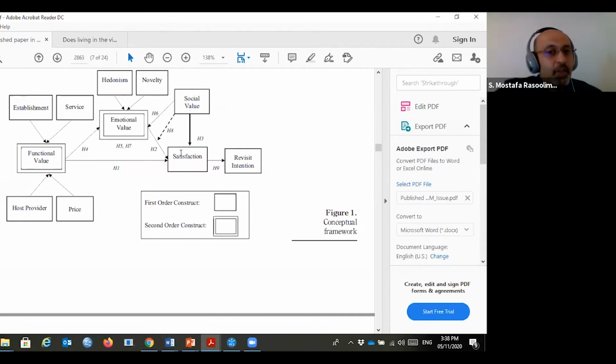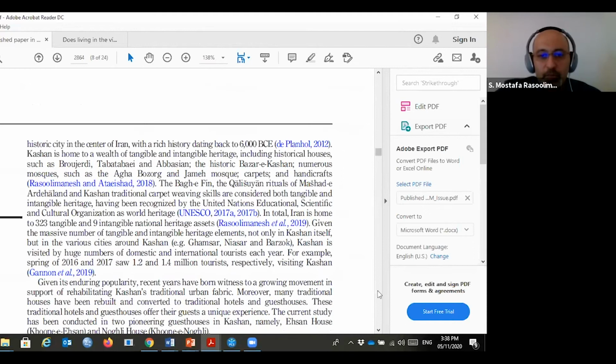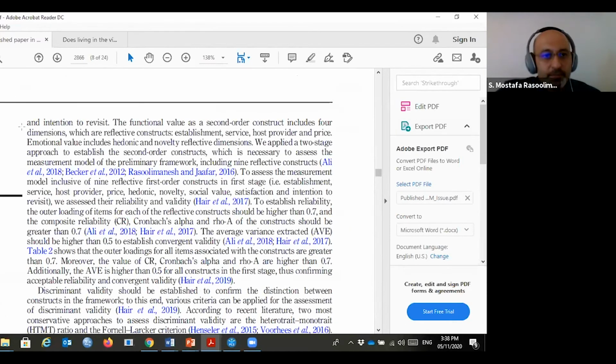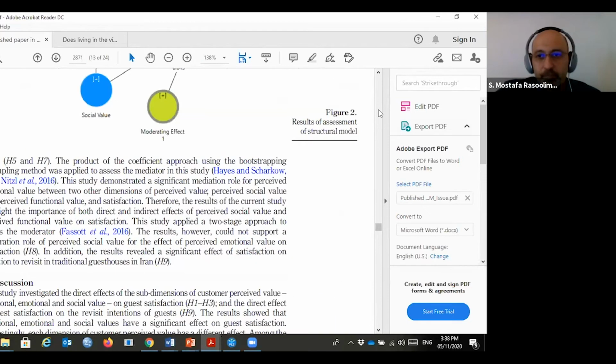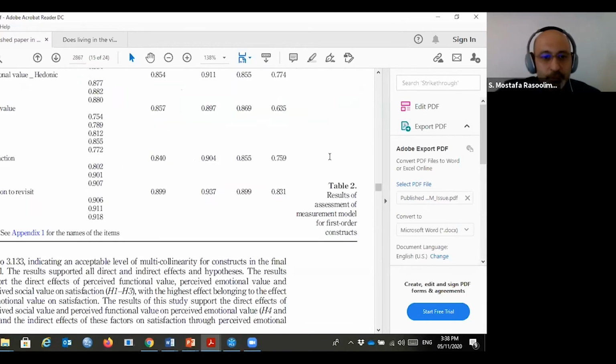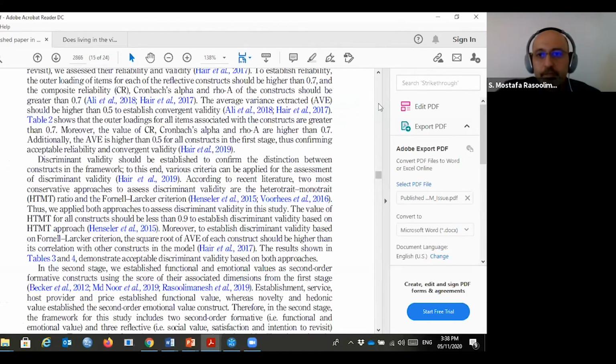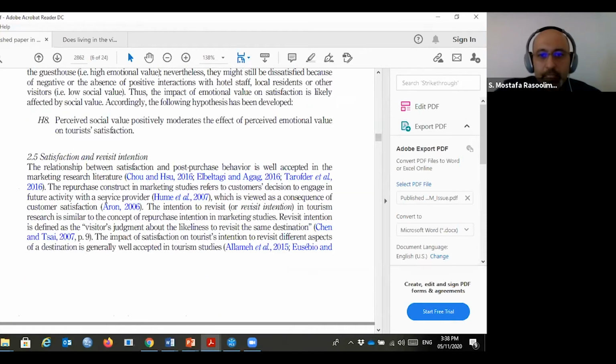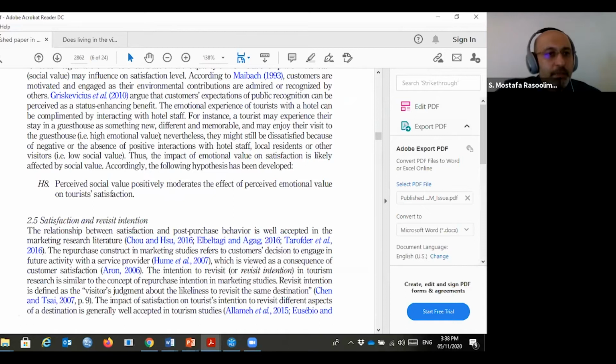It is an independent variable that directly affects satisfaction, and also a moderating variable for the effect of emotional value on satisfaction. So here we can see a moderating hypothesis.